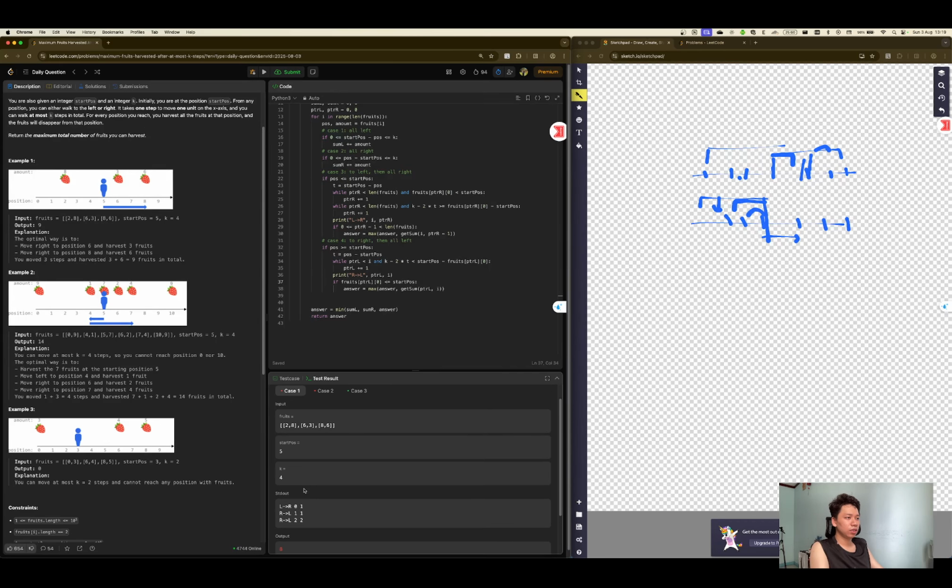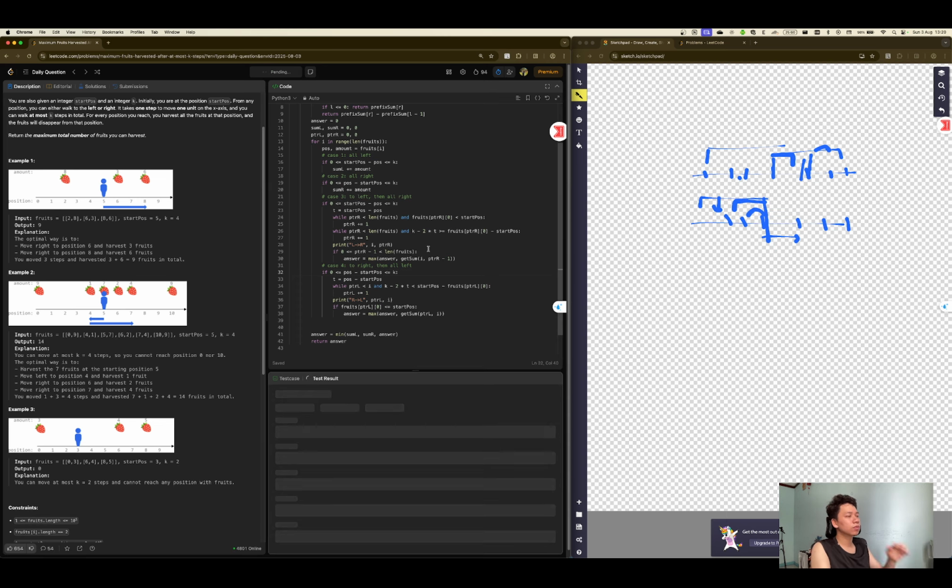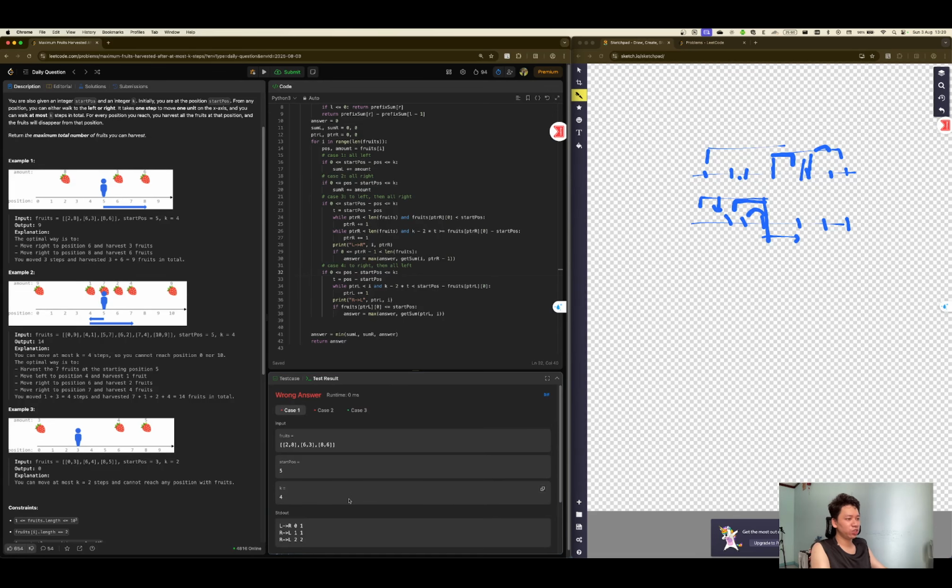Okay, check it out. Left, then right. Why too slow? Check.